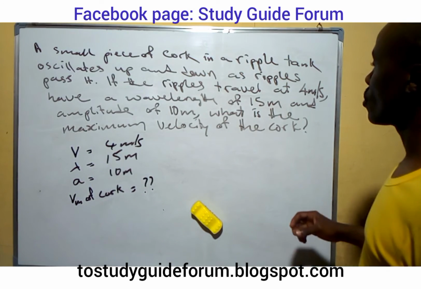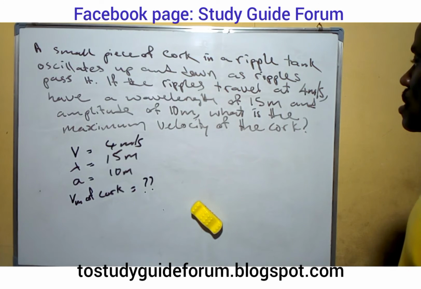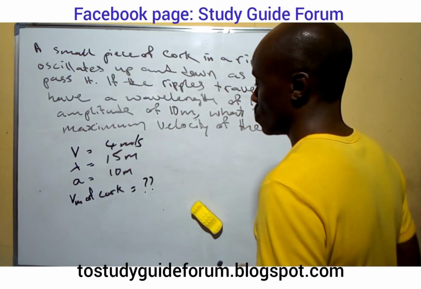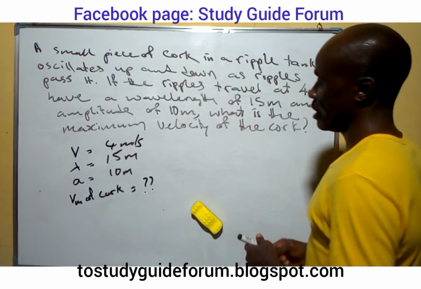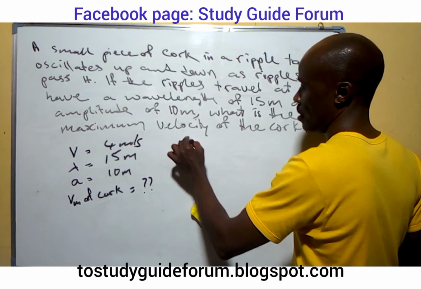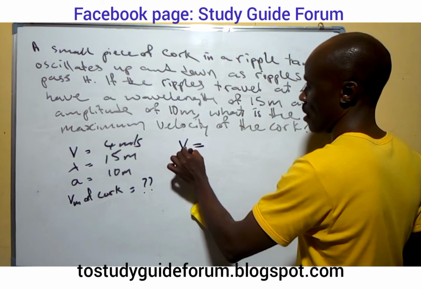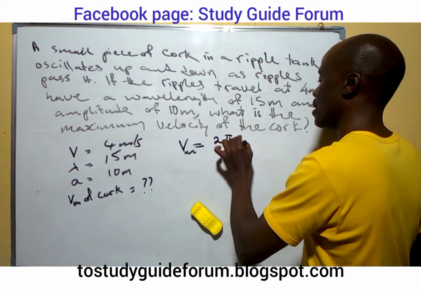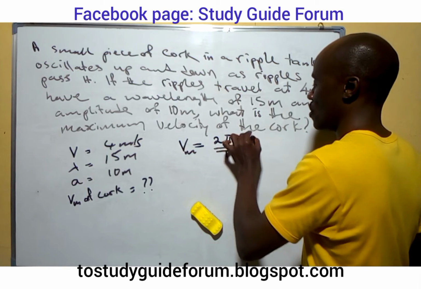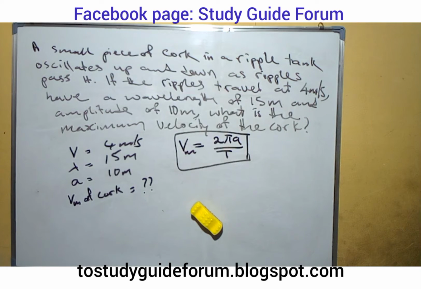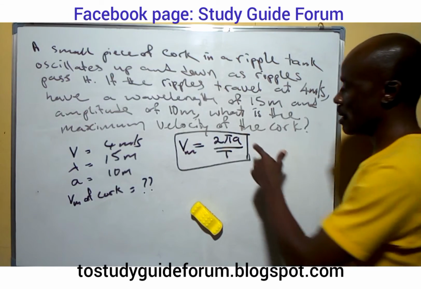So what we're doing here, the formula we're going to use in this case should be velocity, and velocity is 2 pi A over T. Now we have our amplitude.